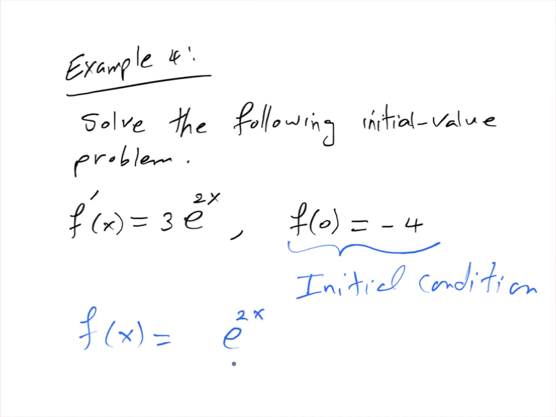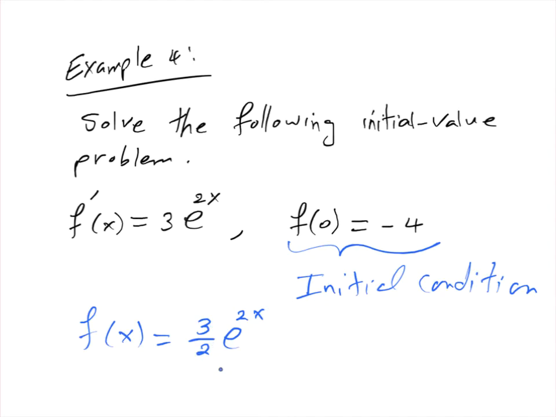So you multiply e to the 2x by derivative of 2x, which is 2. Right now, e to the 2x, its derivative would be 2 times e to the 2x, but I don't have 2 times e to the 2x. I have 3 times e to the 2x. I can put a coefficient here so that after I multiply the 2 by this fraction, I'll get 3. That fraction should be 3/2. So that's how I adjust.